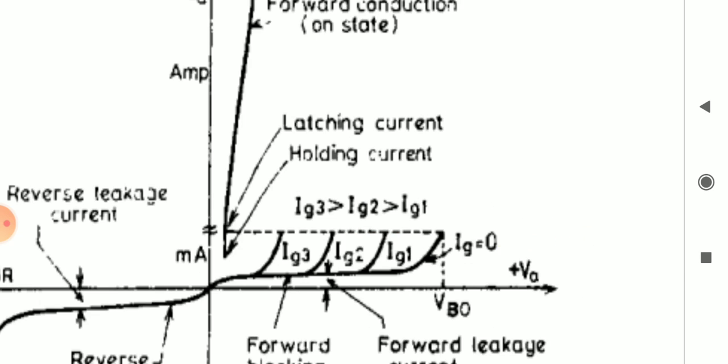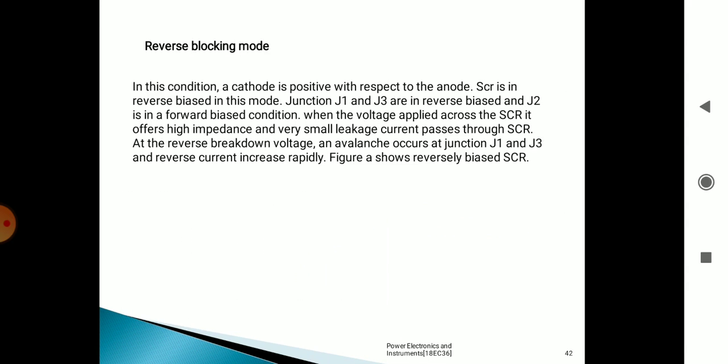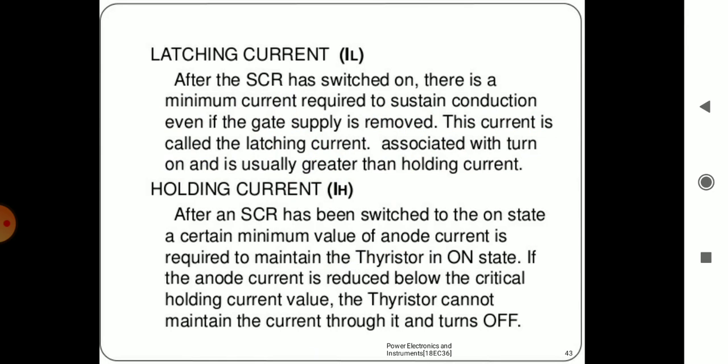These two are very important. In your power electronics lab, they may ask you in viva, because in the lab we need to calculate the latching current, what is the VBO, what is VBR, and what is the gate pulse which is applied to make the SCR conduct. So each and every point they will tell us to calculate.